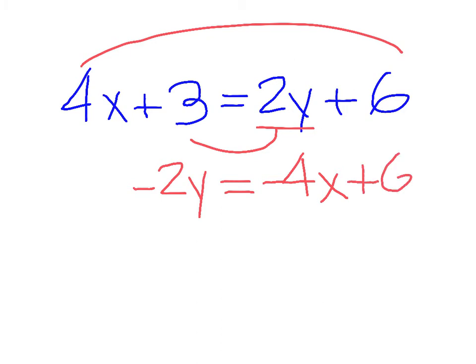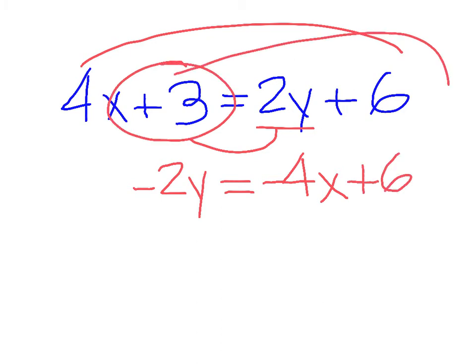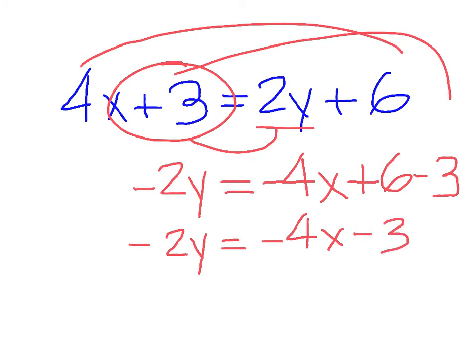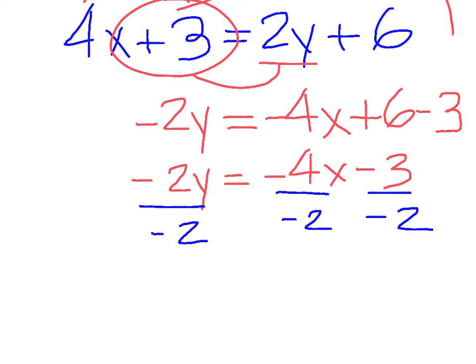You have a 6 on the right, but you also have this plus 3 that must go over as well. 6 minus 3 is a 3. And now you can divide everything by negative 2. So you'll have y equals a positive 2x plus 1.5.